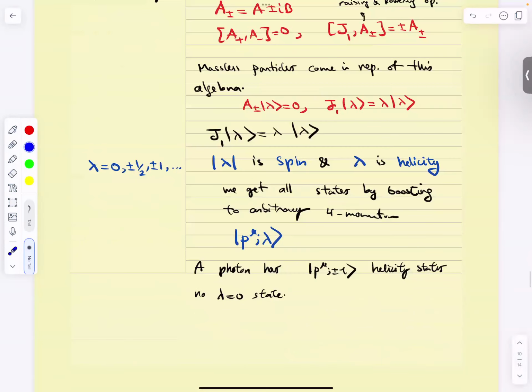Here we're labeling it with P mu and lambda. Lambda is a half integer. And the analog of J spin is the absolute value of lambda. So if I give you lambda, I've given you both.